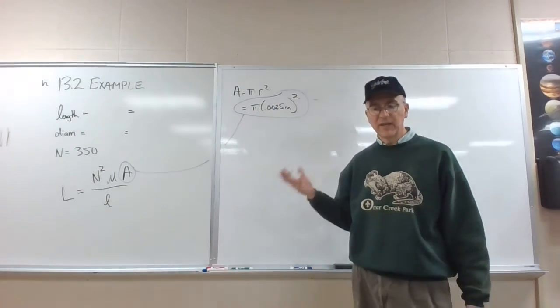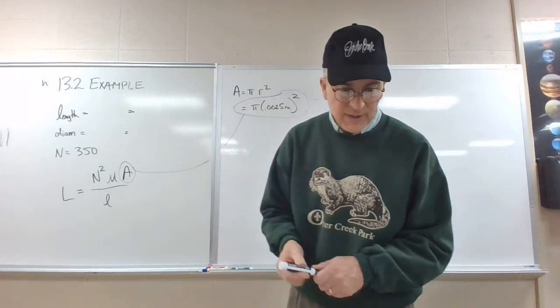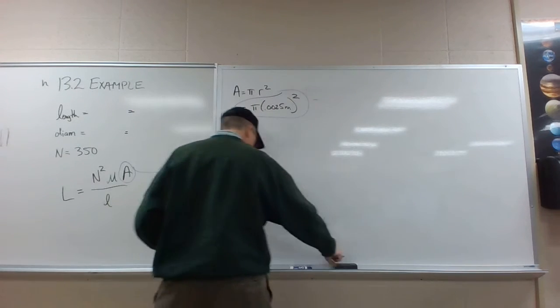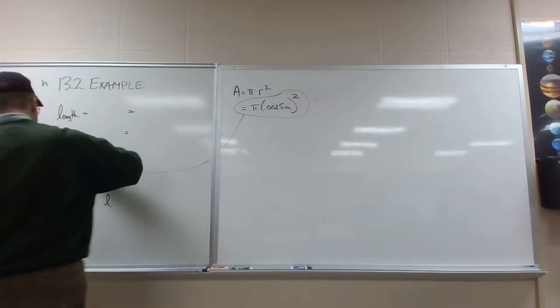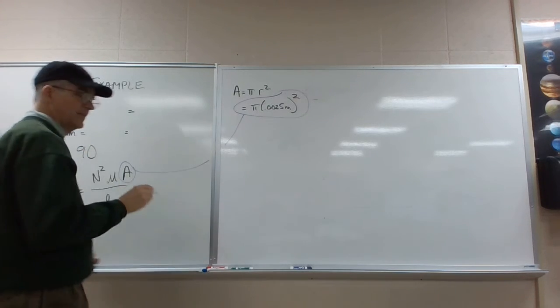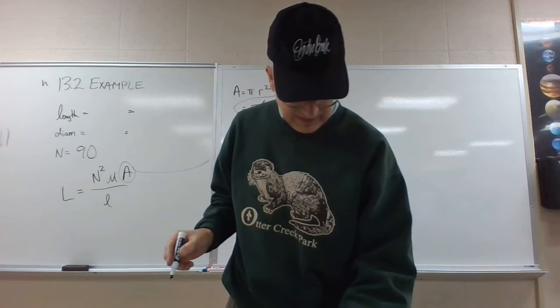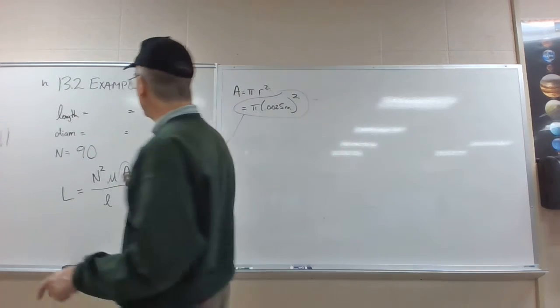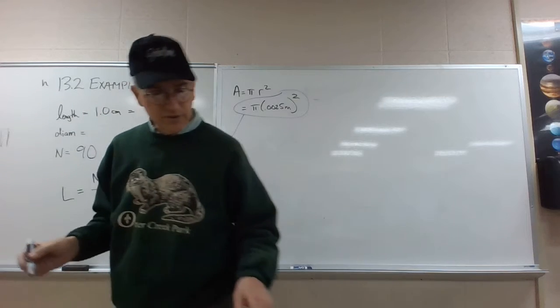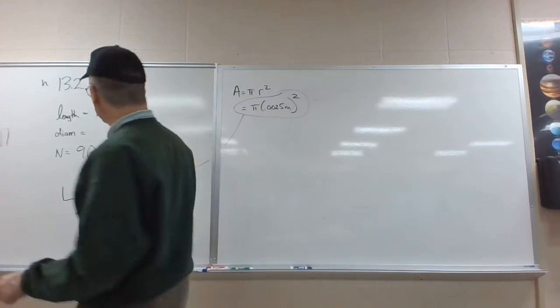Okay, so I'm going to do the related problem for this, which says determine the inductance of a coil with 90 turns. Length is 1 centimeter long. Diameter is 0.8 centimeters.